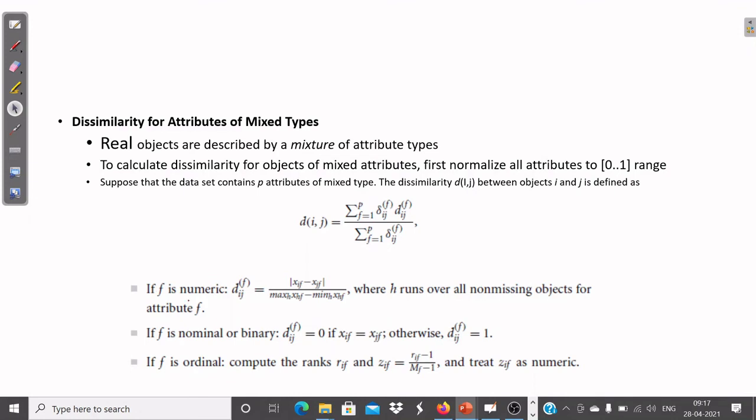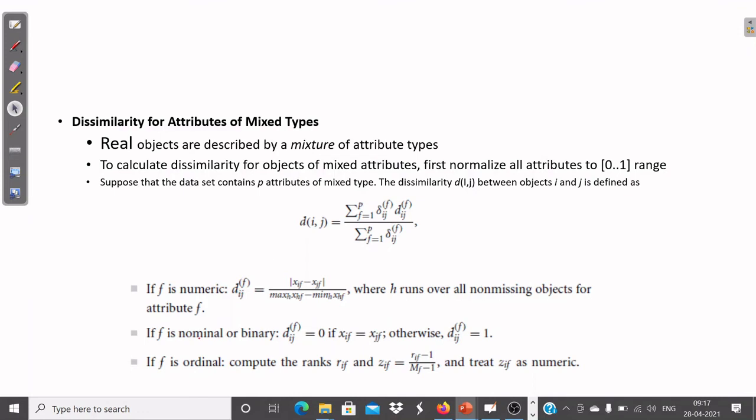In the case of a numeric attribute, f varies from 1 to p. If f is a numeric attribute, d_ij is equal to the absolute difference of the corresponding values divided by the max minus the min value, something like normalization. So the distance for numeric measures is calculated in this way.